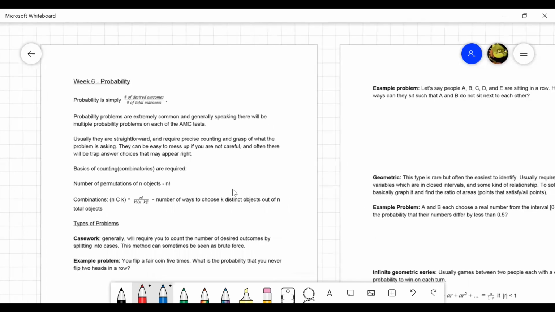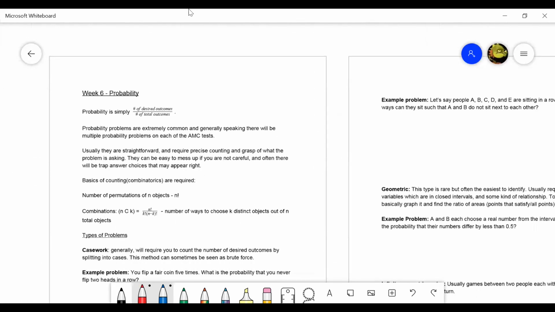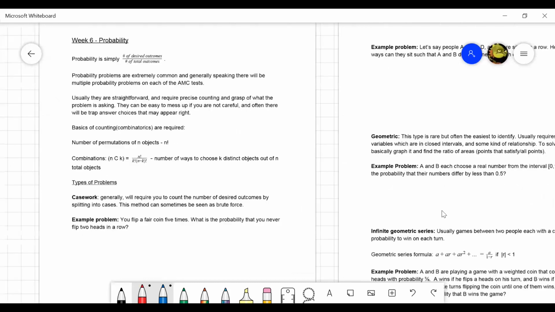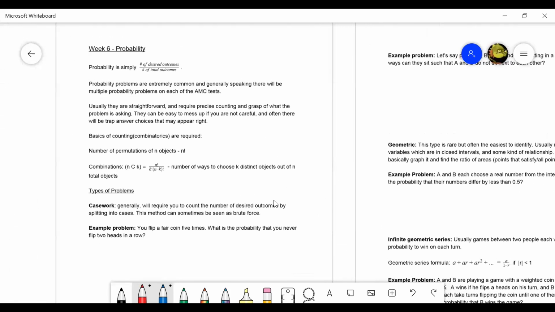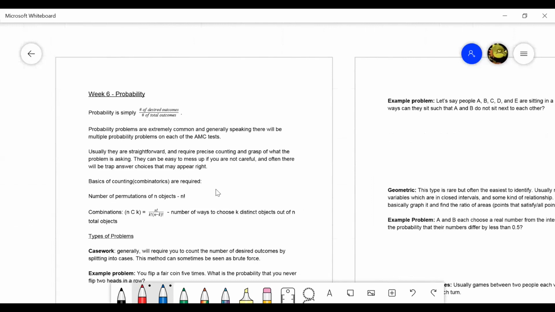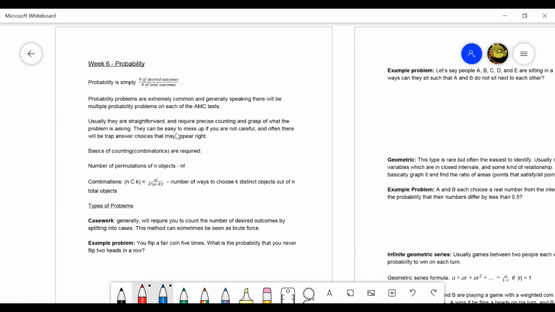That's the most basic way of defining a probability, and we can use the definition to solve more complicated problems. These problems are really common in AMC tests, so that's why I want to go over them.